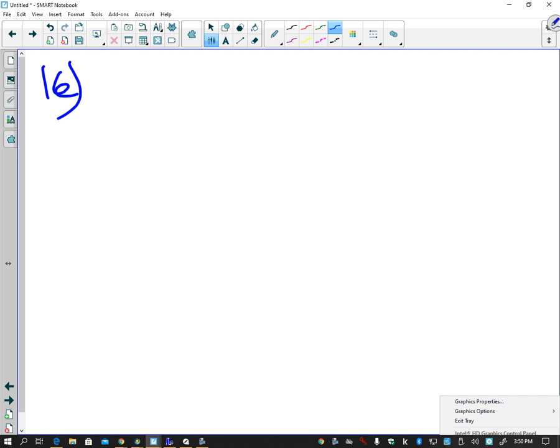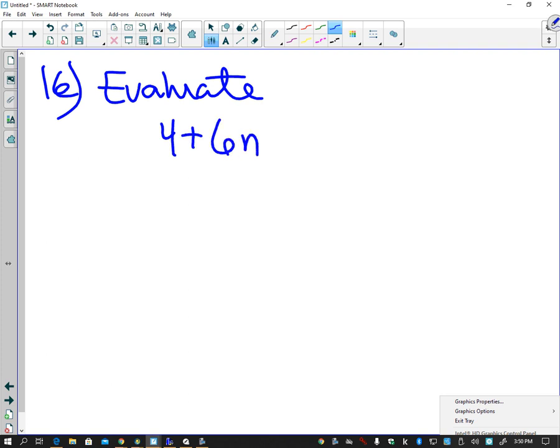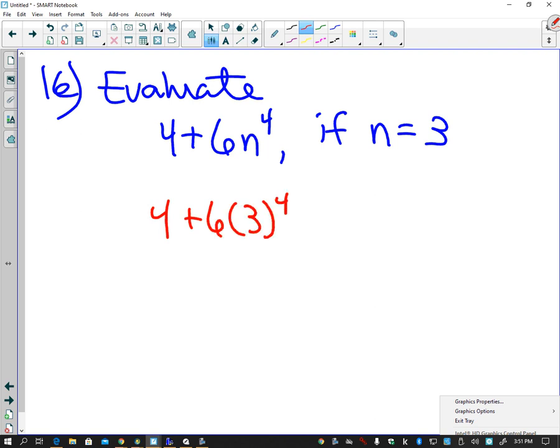16, we're evaluating, so we should get an answer. We're going to take something like 4 plus 6 to the 4th if n equals 3. So all we do in this is just plug in. So we get 4 plus 6 times 3 to the 4th.